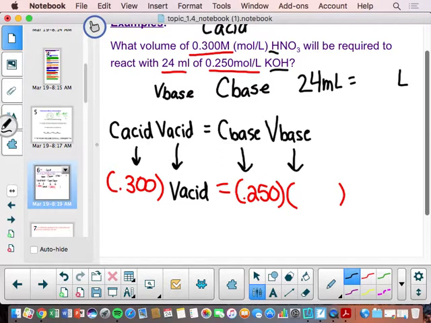So one thing you can do is divide by 1,000. Or another thing to do is move the decimal 3 places to the left. And I like moving decimals. So for me, the decimal is at the end of 24, right? 1, 2, 3.